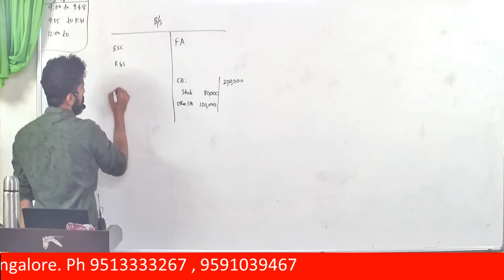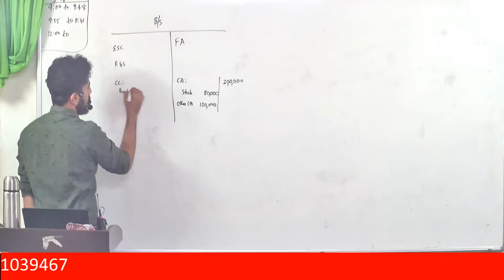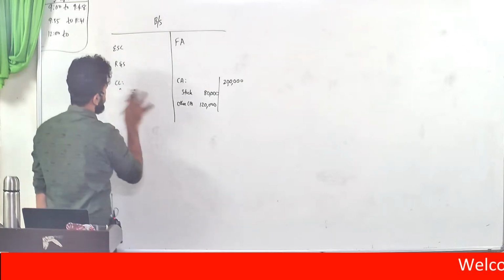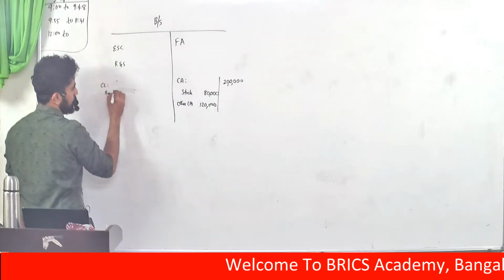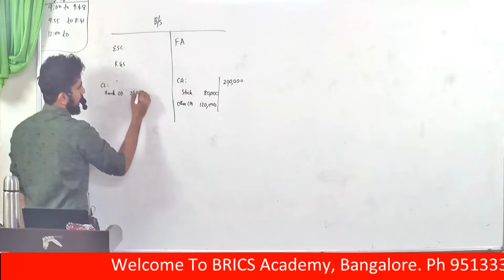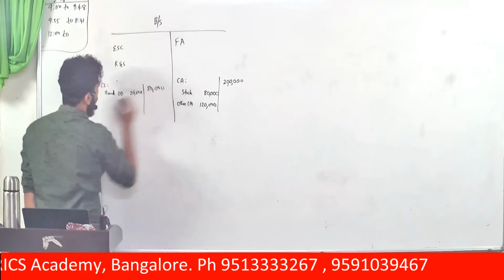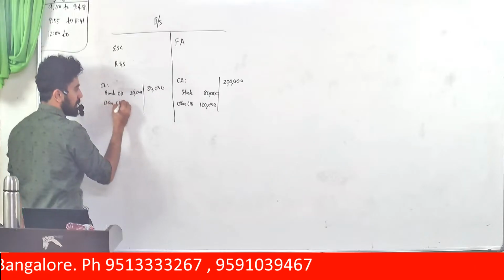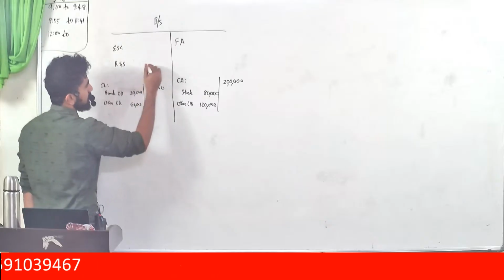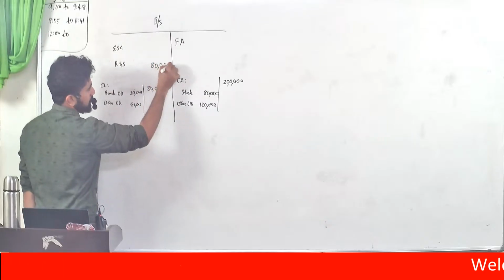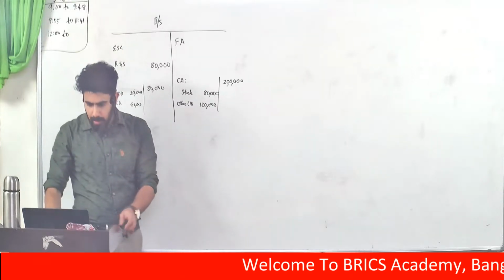Then I have a bank OD, which is part of current liability. How much is bank OD? 20,000. And we know the current liability is 80,000. So other current liability is 60,000. This much is okay. Then reserves are given as 80,000. This much is over.